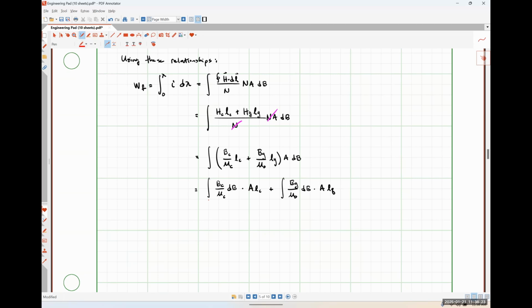Okay. So this integral term right here is the energy density in the core.